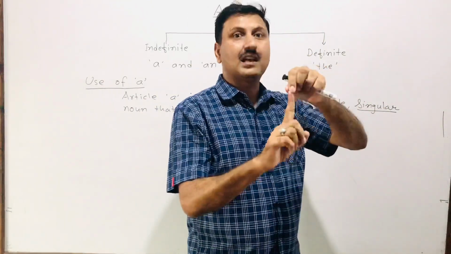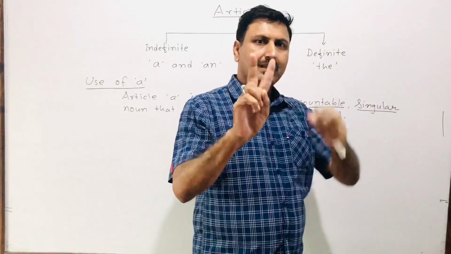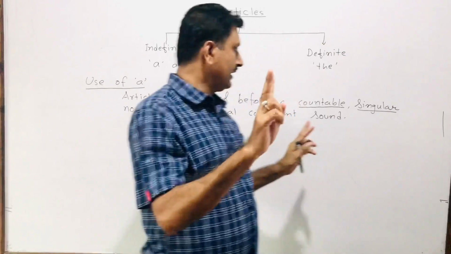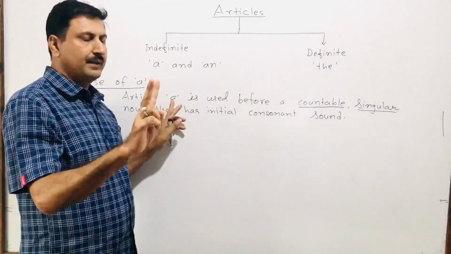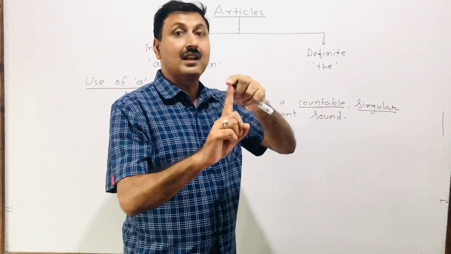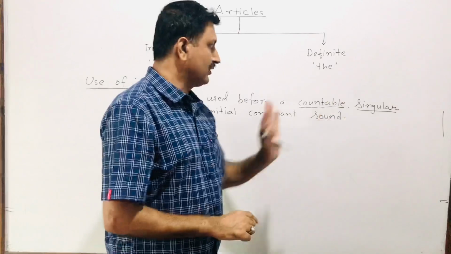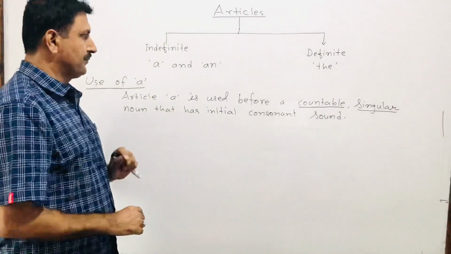Singular means single, only one. If it is not single, if there are two, we can never use article A. It should be countable and that should be single. Then only we can use article A.